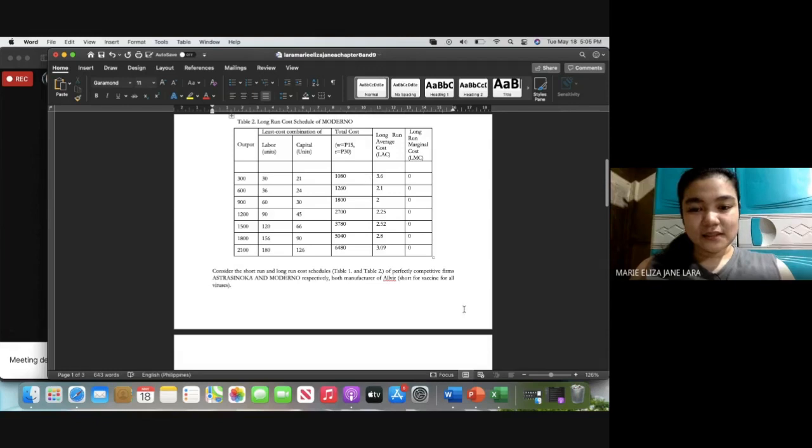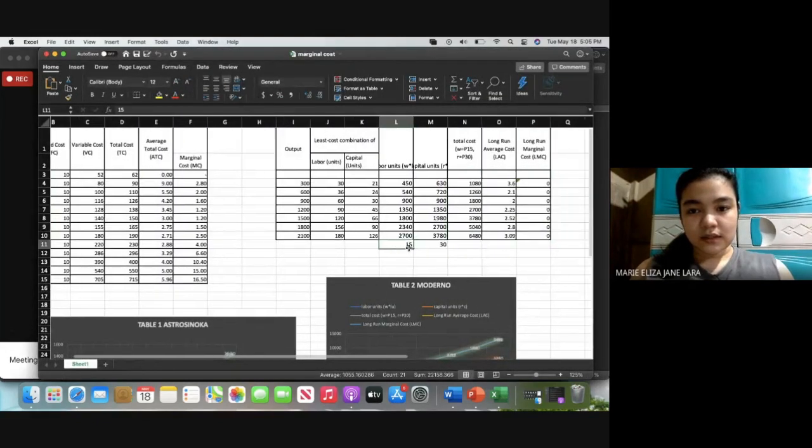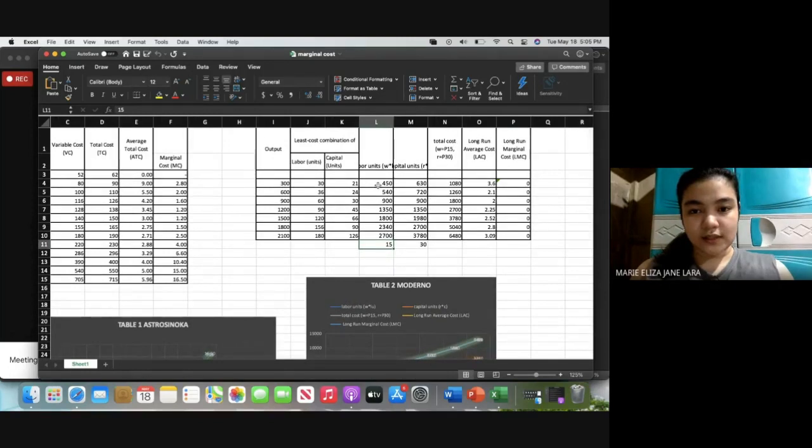What I did here was I first make sure to get the cost of labor, to which I multiplied the cost per unit times the units produced for labor, and then the capital cost, I multiply the cost per unit to the capital units produced for capital.